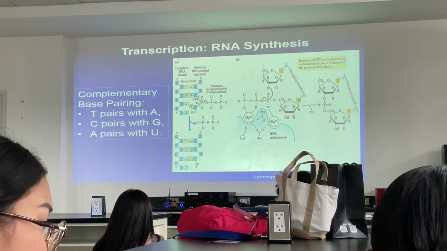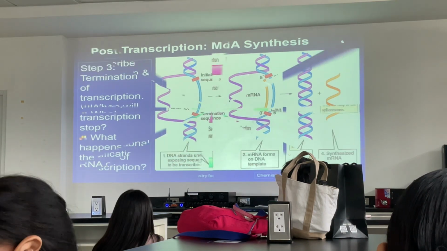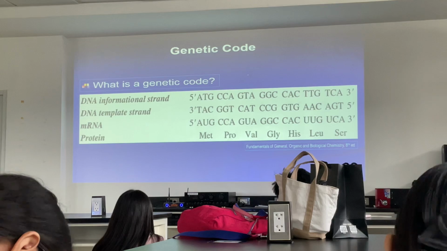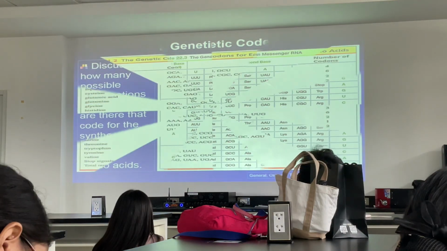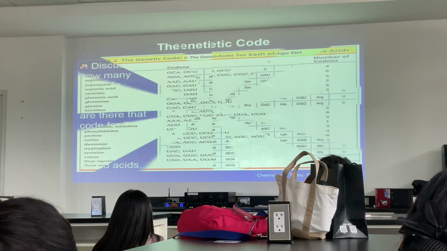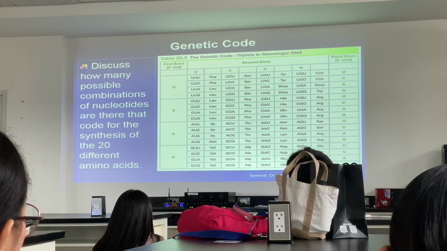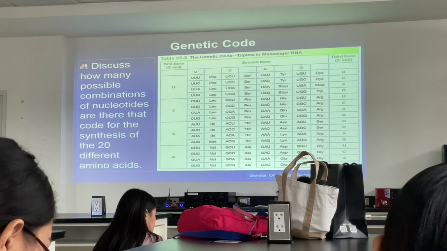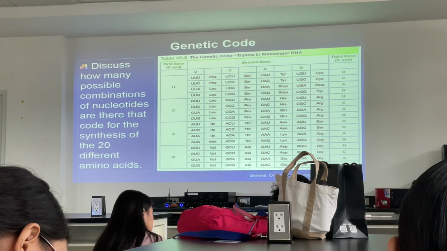Okay? So what will happen now? If there are 4 nucleotides in an mRNA molecule, how many nucleotides are there in its codon? There are only 3.